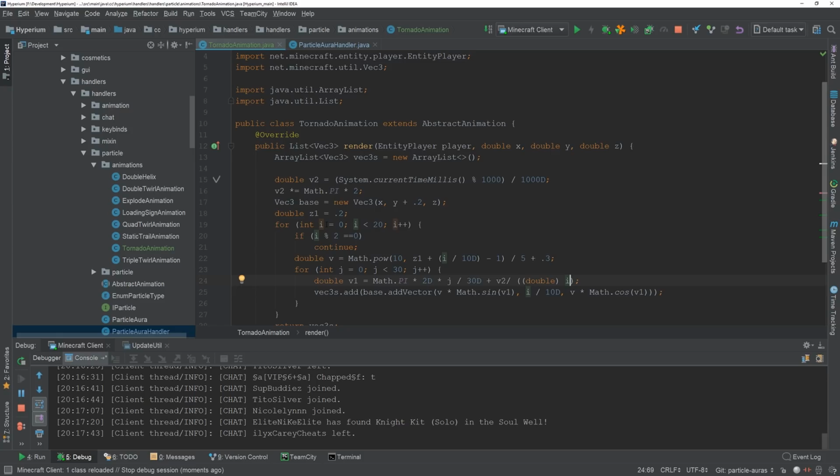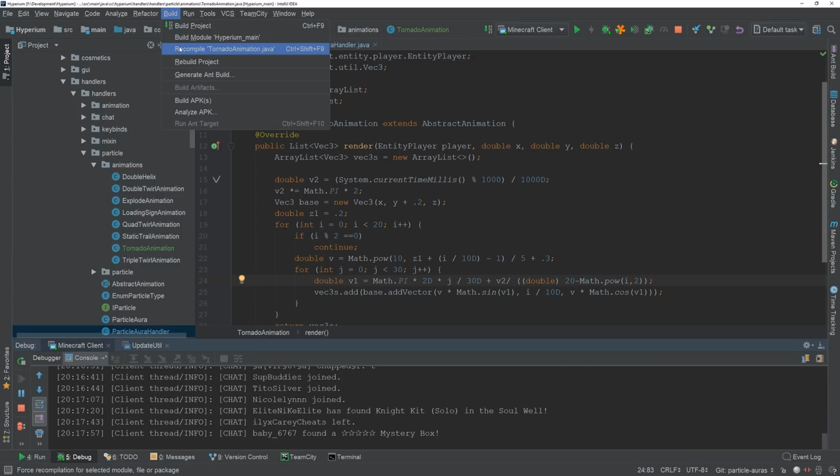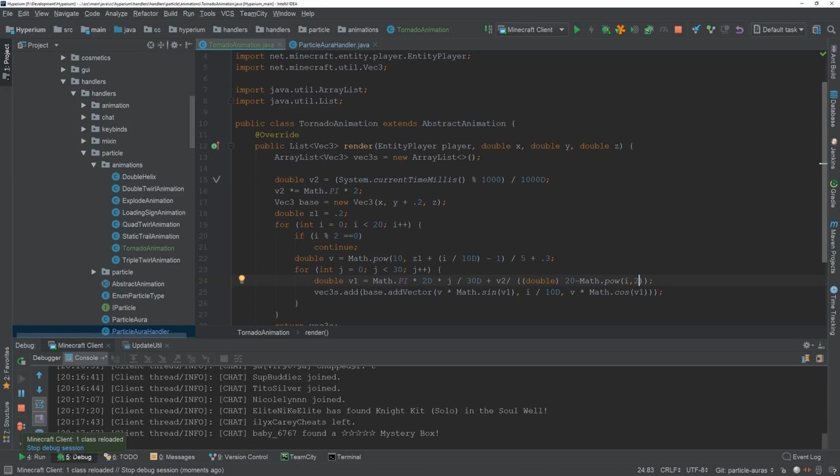Where's the V2? 20 minus I. 20 minus Math.pow I, 2, maybe? I don't know if that's going to be right.